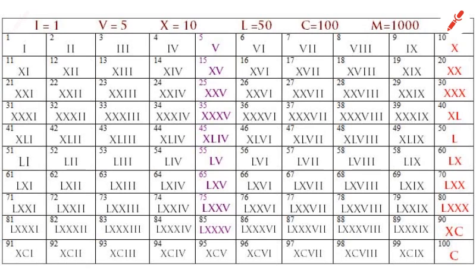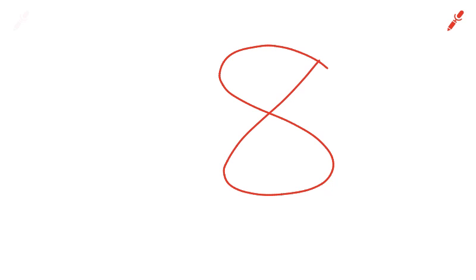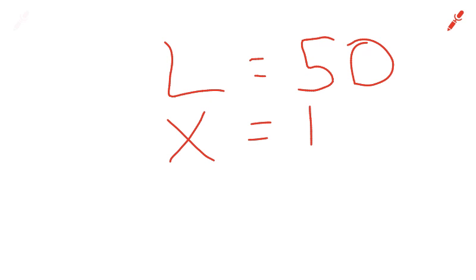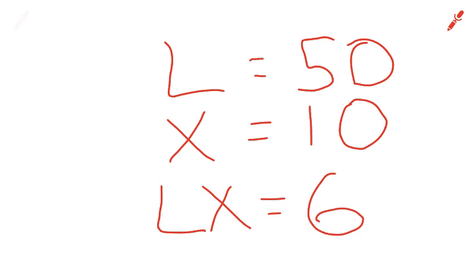C, much easier. V, which is 5. And then the 3 ones, and that would give us 8. LX. L is 50. X is 10. Put them together. 60.